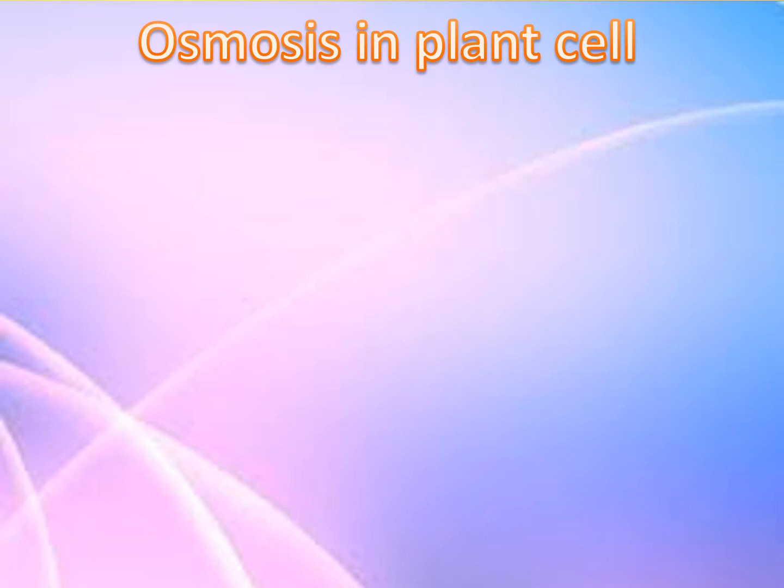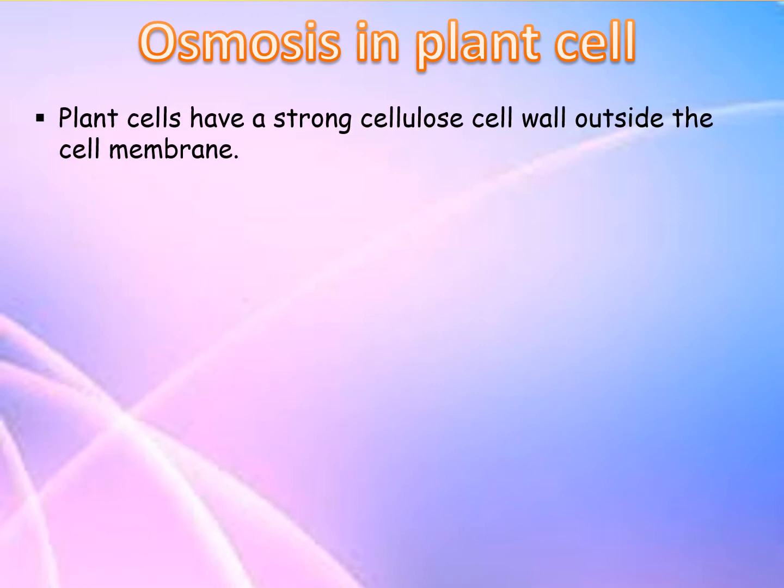Osmosis in plant cells. Plant cells have a strong cell wall outside the cell membrane. Children, so far we have only been dealing with osmosis through visking tubing. However, there are partially permeable membranes in cells too. You know that the cell surface membranes of both animal and plant cells are partially permeable, and so is the inner membrane around the plant cell vacuole.